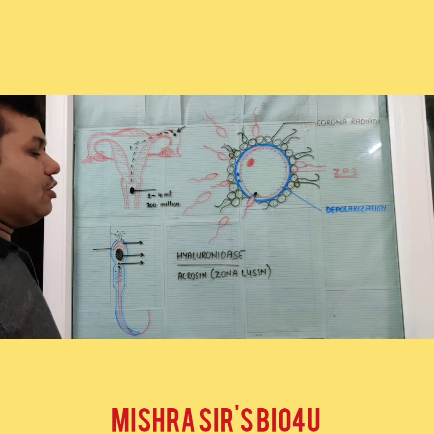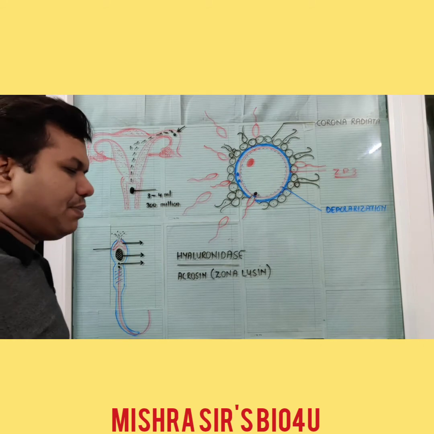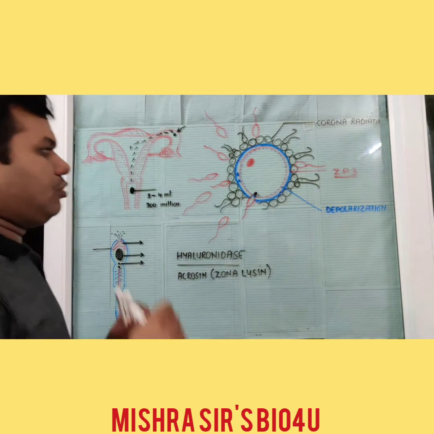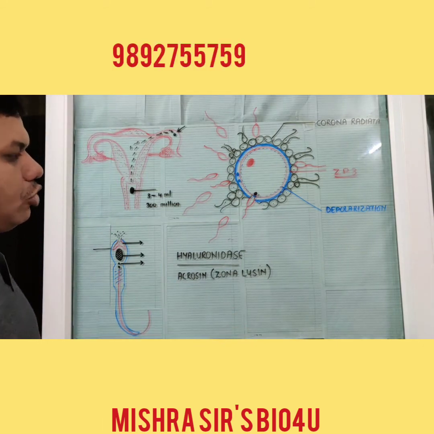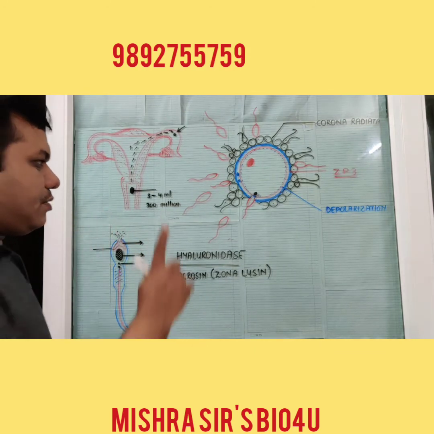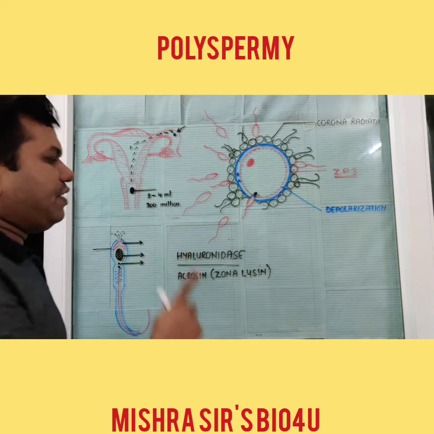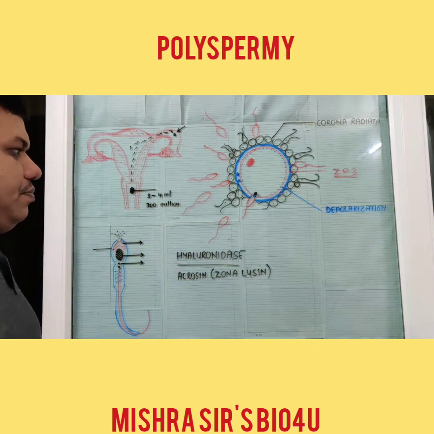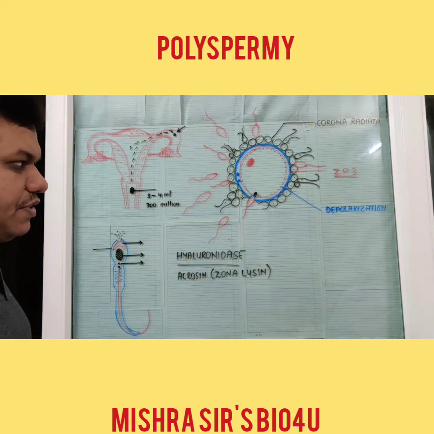Human, not possible. So in such cases the egg will die, but practically it is not possible. Only hypothetically I can say. Only one sperm enters. So we say that the cortical reaction prevents polyspermy. Hope I am clear with this.